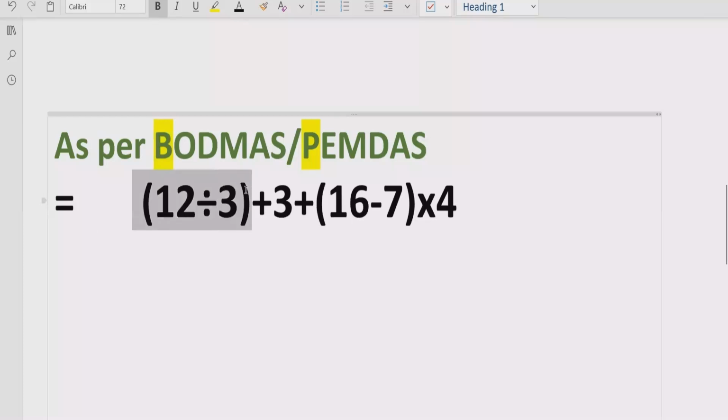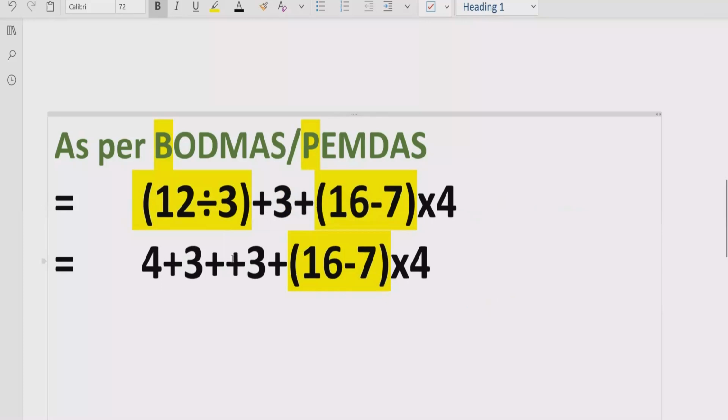Here we have two parentheses, which are 12 divided by 3 and 16 minus 7. So we will write it this way: 12 divided by 3, which is equal to 4, and plus 3 plus, we can write this term as it is right now.